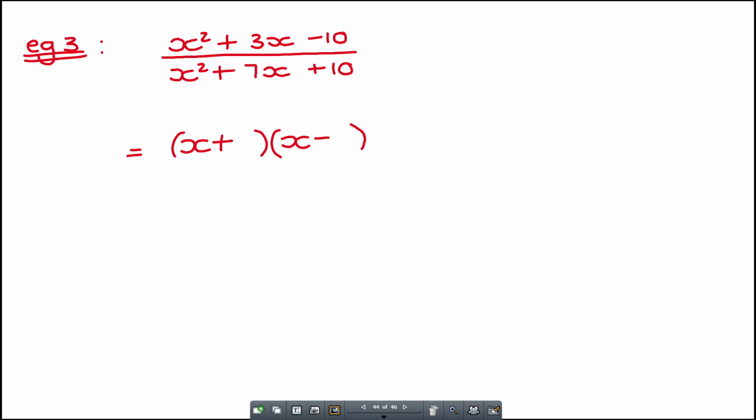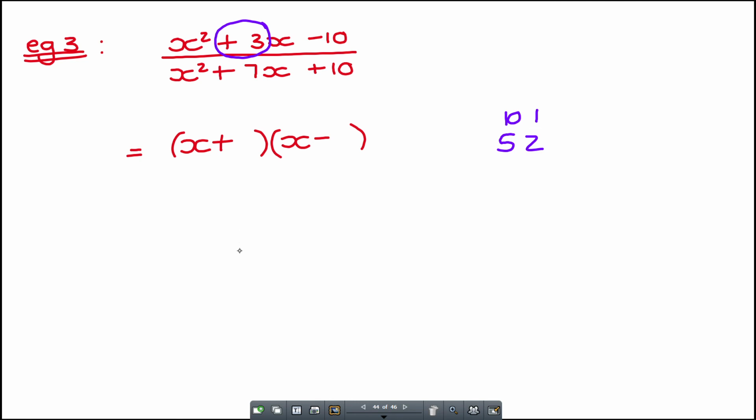Okay. Because of that minus, I knew it would be x plus and x minus. You guys fine with that? Now we said we take factors of that 10. Factors of 10 will be 10 times 1 or 5 times 2. And I must use those to get a positive 3.